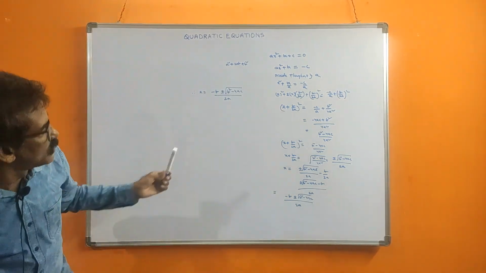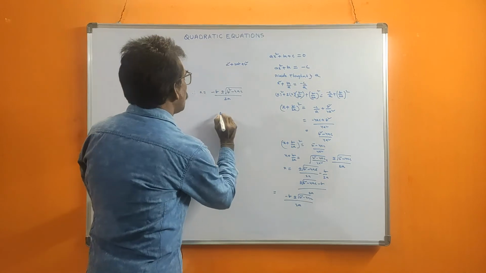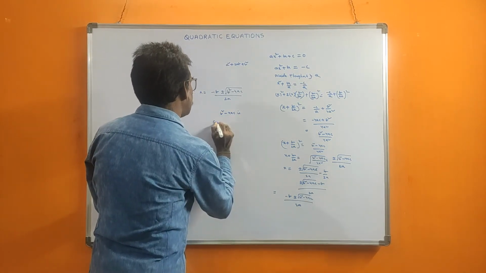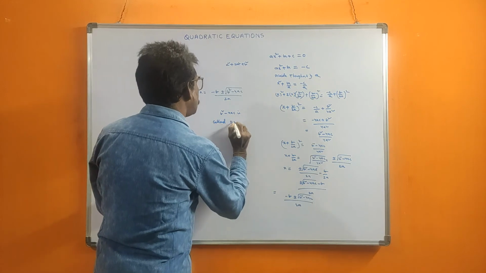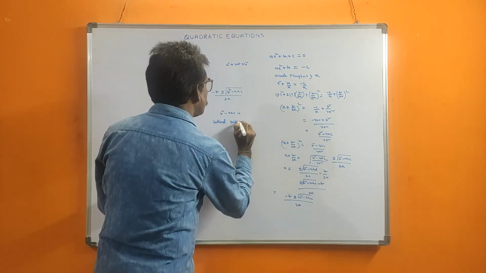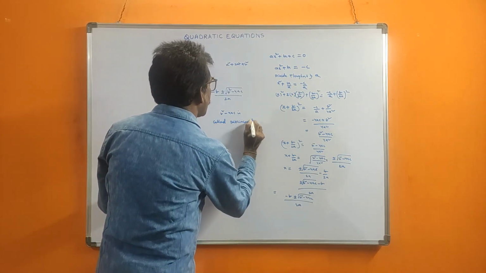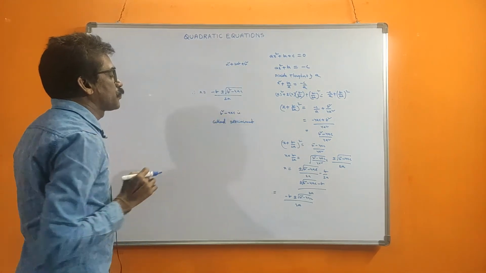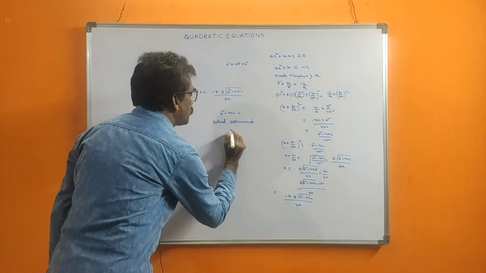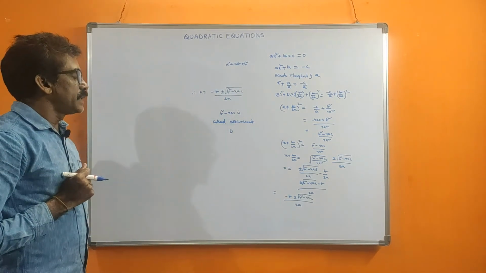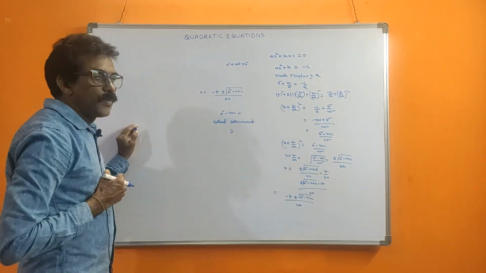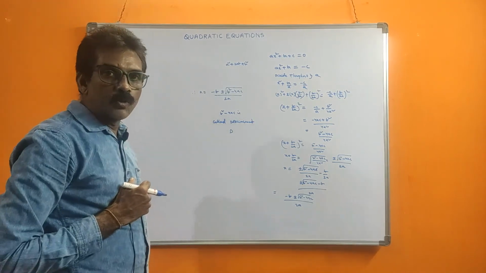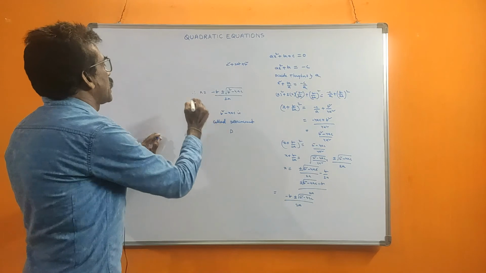Now in this, b square minus 4ac is called the discriminant, simply denoted by D. Based on the property of the discriminant, we can write the properties of the roots.